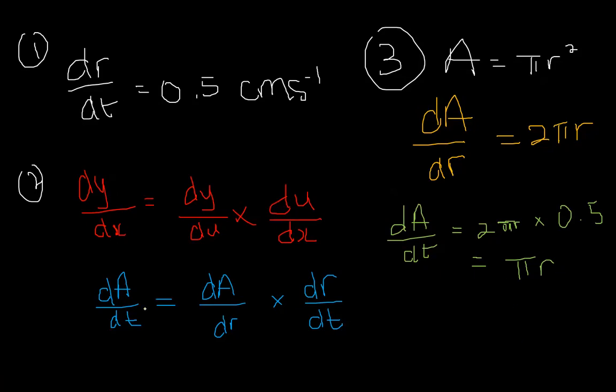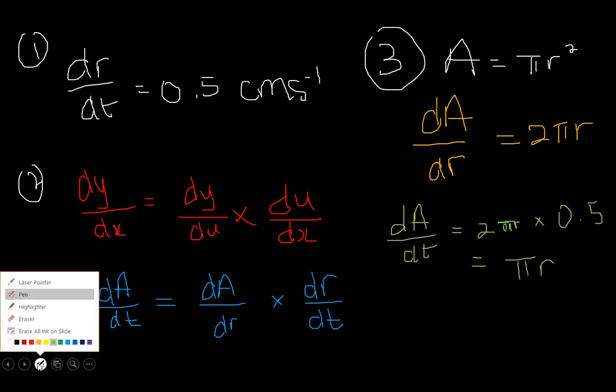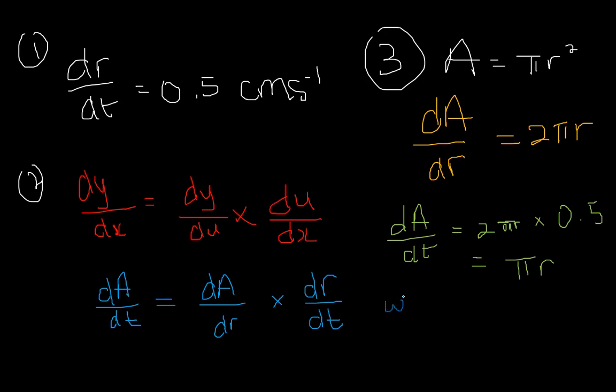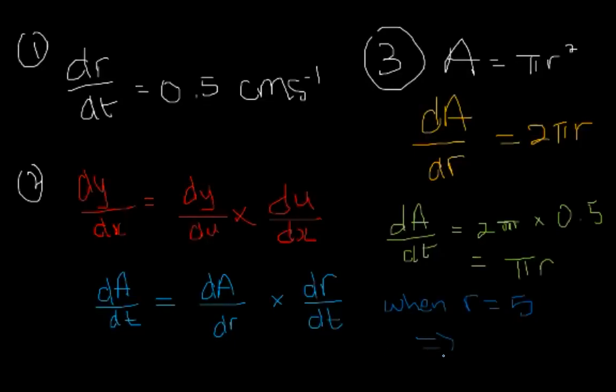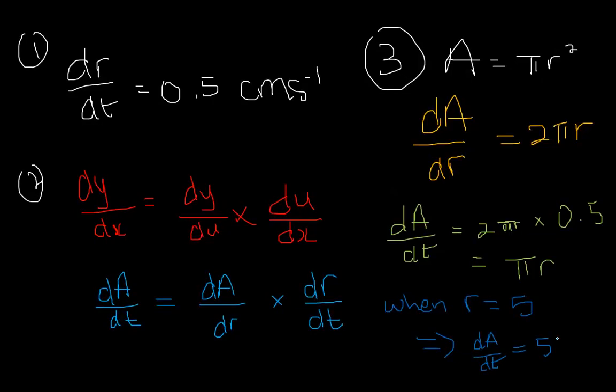But we don't stop here. Why? Because they specifically said when r, which is the radius, is equal to 5. So my final step would be to substitute that into this expression. So when r is equal to 5, then dA/dt is actually going to be 5 pi, but don't forget your units.